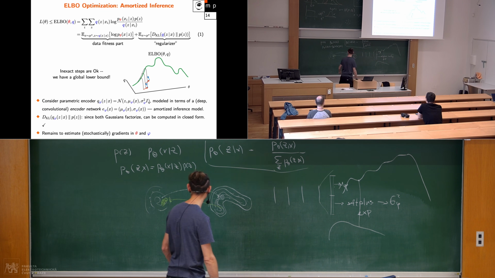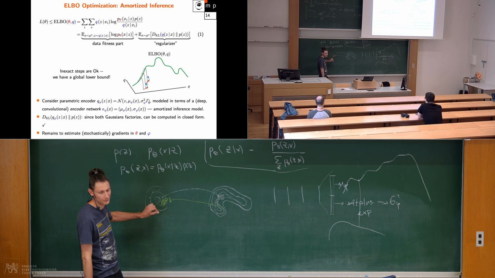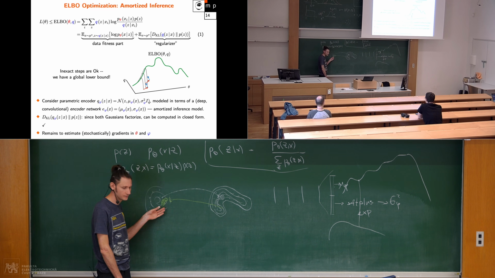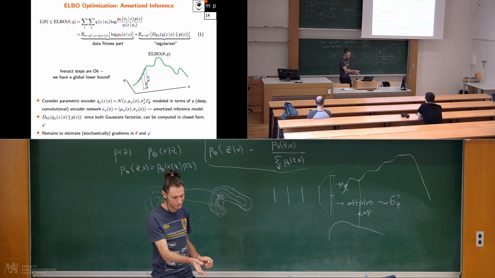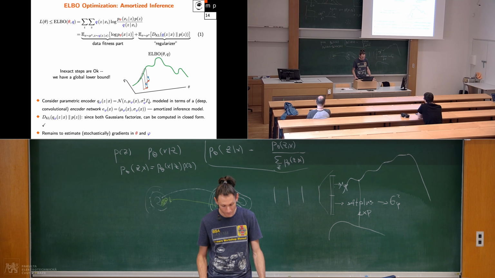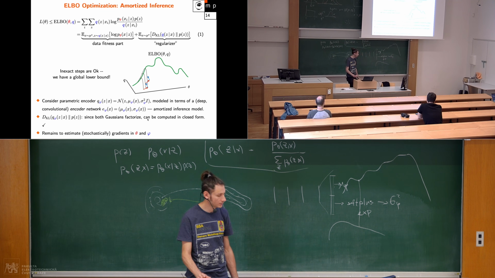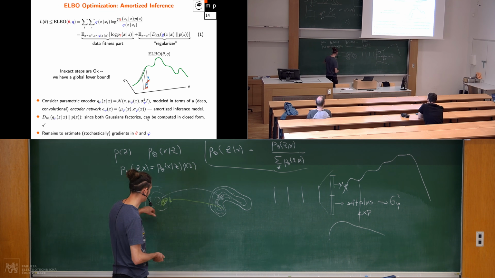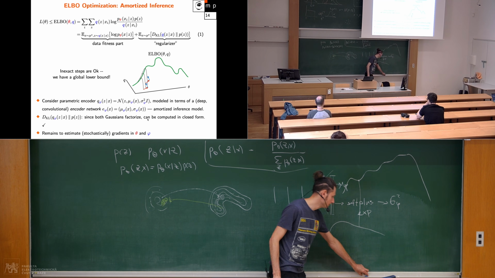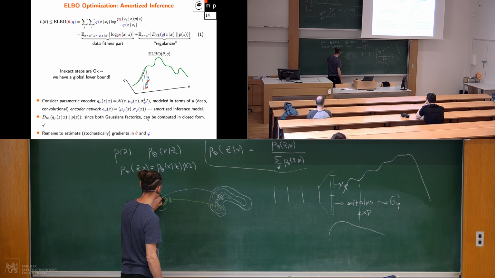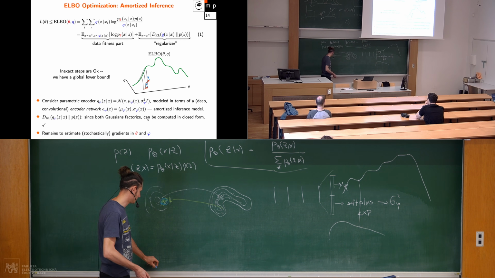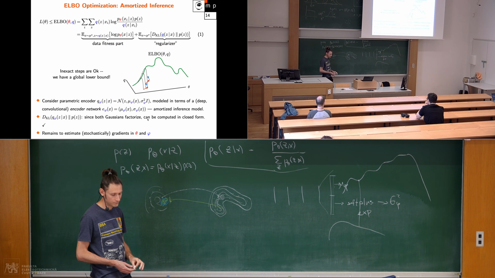Of course, it cannot model arbitrary shape distributions, so it will be a limitation from this design, but everything will become easier for us to compute. If we model the encoder in this way, then what we can observe is that this Kullback-Leibler divergence to the prior can be computed in closed form, because the prior is Gaussian, and the encoder is Gaussian, factorizing over the coordinates.